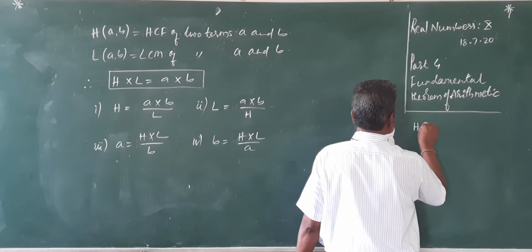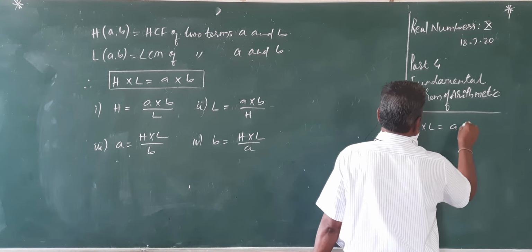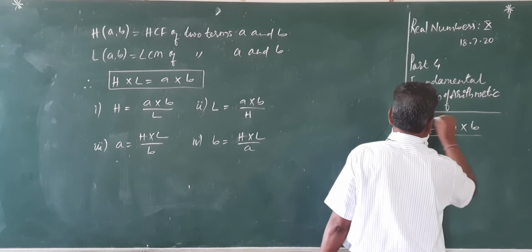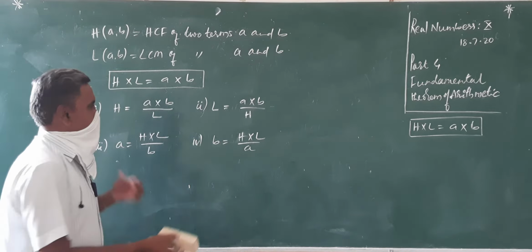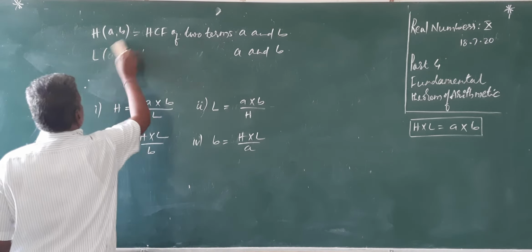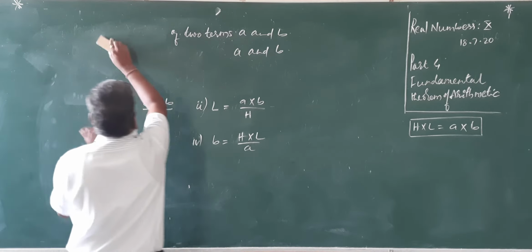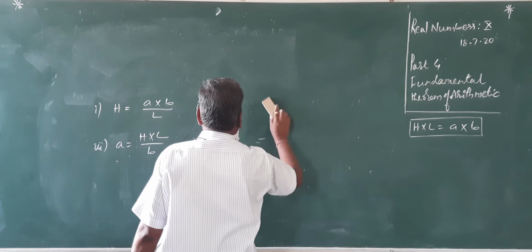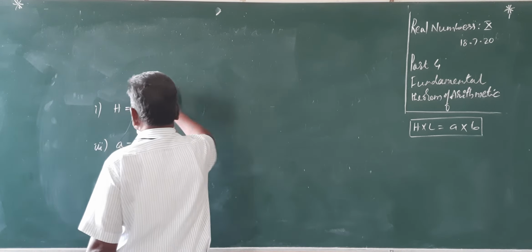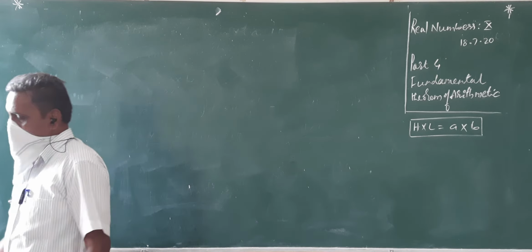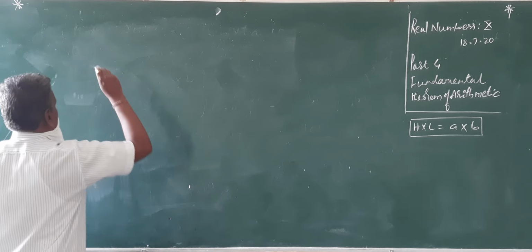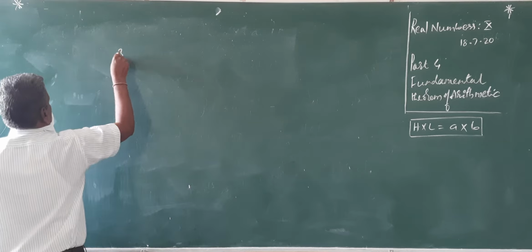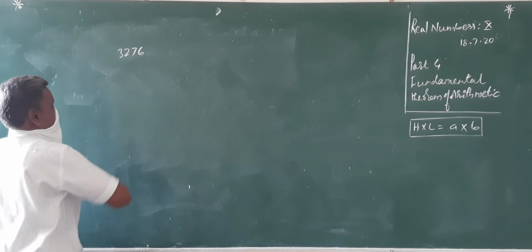That is H into L is equal to A into B. By this you can write in a different way.